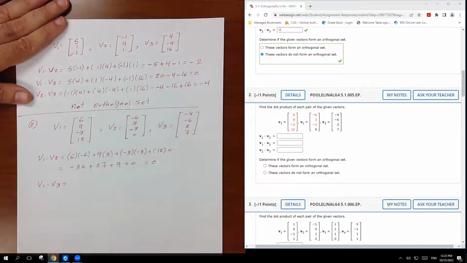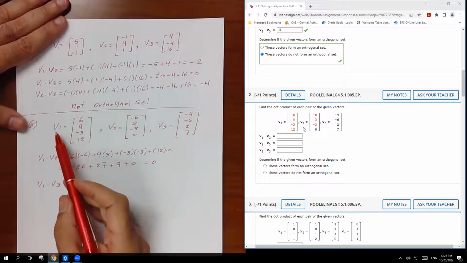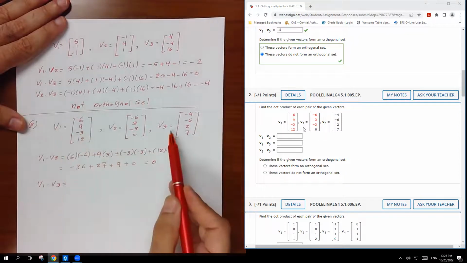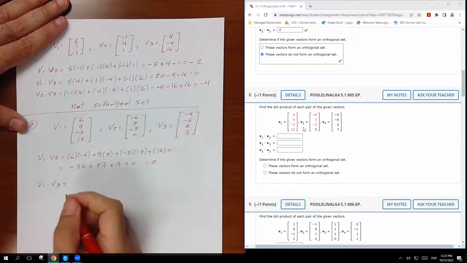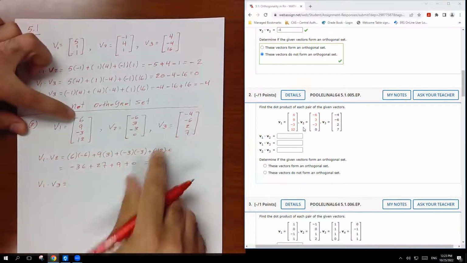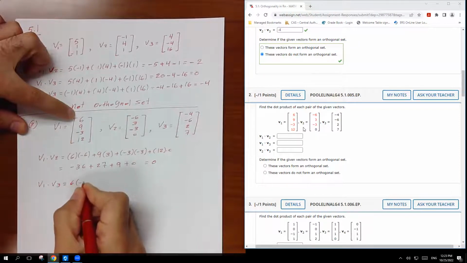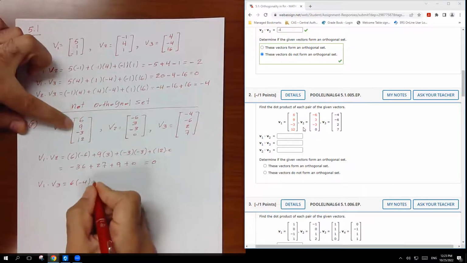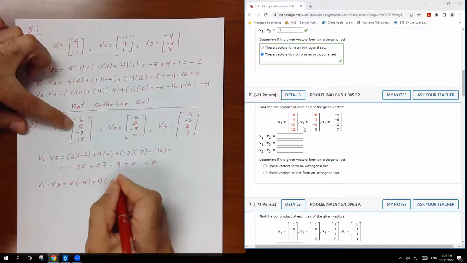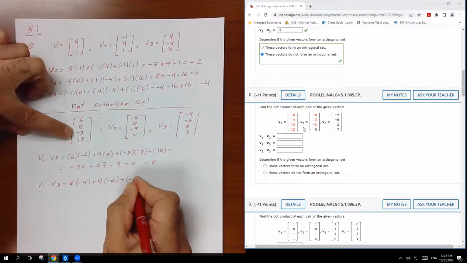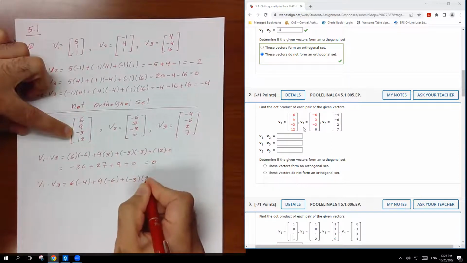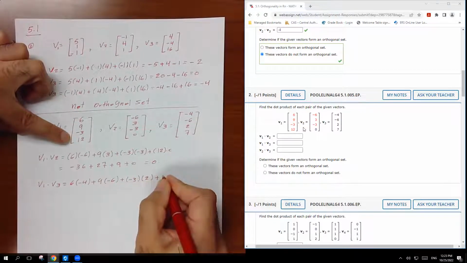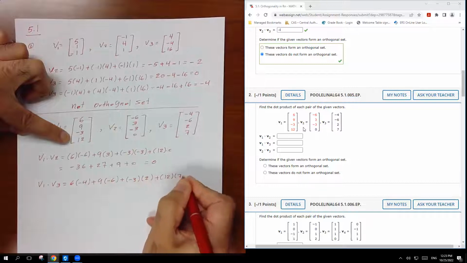If you check here on this example, they're telling you to find the dot product between these vectors. But what if on the test you have to do the dot product between v1 and v2, v1 and v3, and v2 and v3? So now v1 with v3 is going to be 6 times -4 plus 9 times -6 plus -3 times 2 plus 12 times 7.